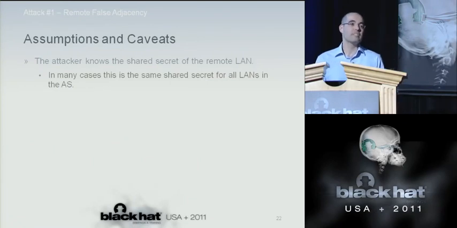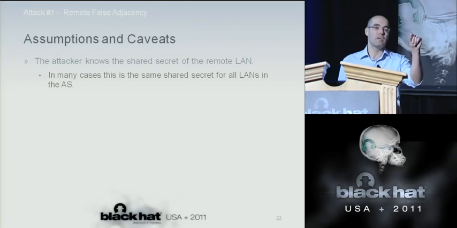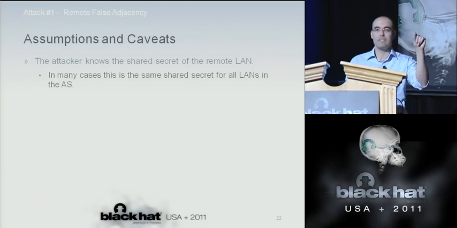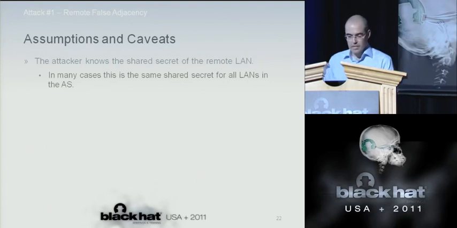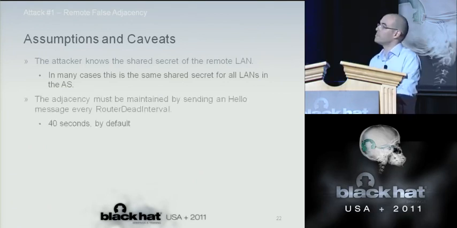Since the packets sent by the attacker to the victim router are sent in a unicast way explicitly to the victim, we have to know the shared secret on the remote link that is attached to the victim. Another caveat is that the adjacency must be maintained every 40 seconds.